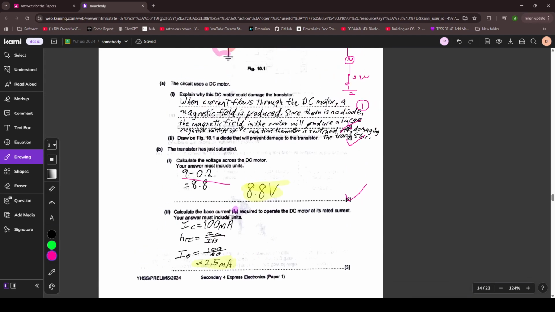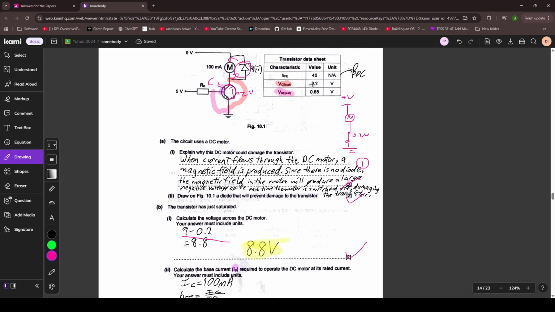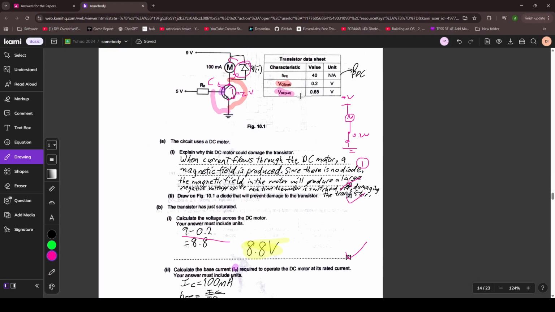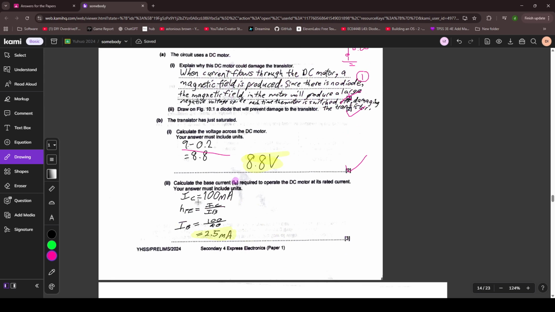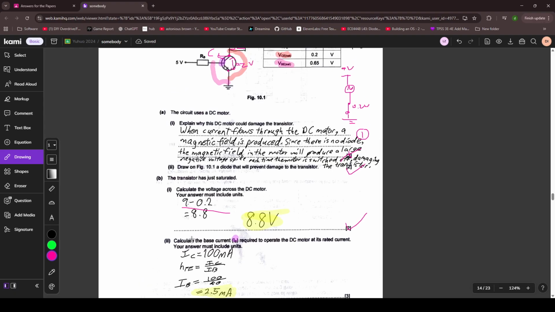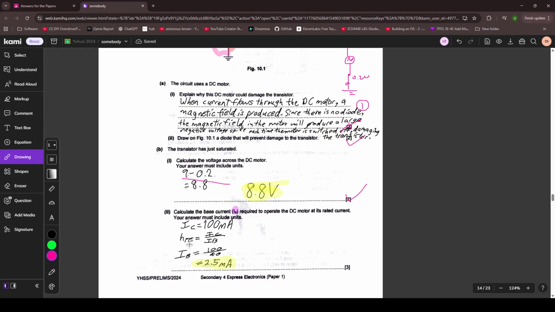And we're asking for IB. We know how IC and IB relate to each other. We can use IC and IB to find current gain, and we know the current gain. So all we need to do is set IC to 100 milliamps. HFE is current gain if you guys didn't know. Then we just state, okay, DC current gain is equal to IC over IB, which we should know.